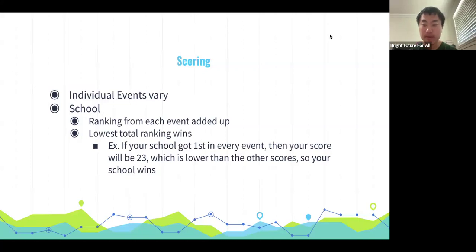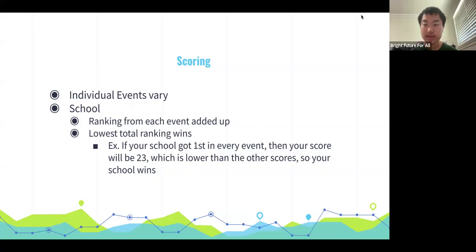The scoring works as follows. Individual events will have their own way of scoring, but at the end your school is assigned a ranking compared to other schools. Your ranking from each event will be added up, and then the lowest total ranking wins.